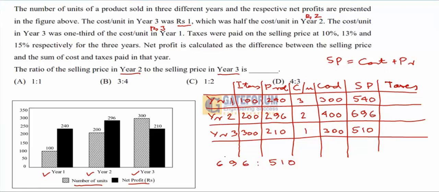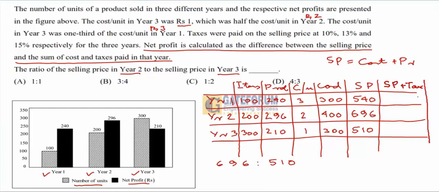Selling price is cost plus profit, but they have said here that net profit is calculated as the difference between the selling price and the sum of the cost and taxes. So let us find here the selling price plus the taxes. Let us calculate this.